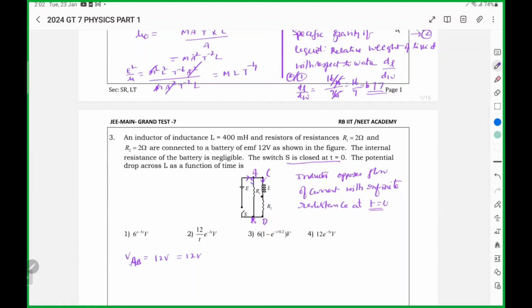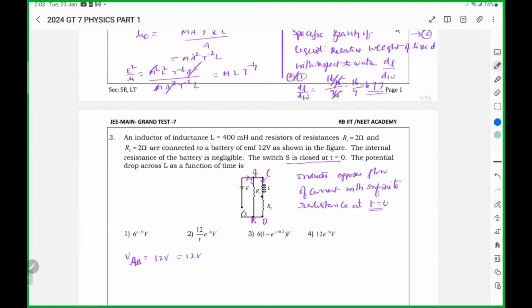Now, over a period of time, current passes through the inductor slowly. At one stage, there is no change of current. When there is no change in the current magnitude, there is no change in flux, so no EMF is induced.